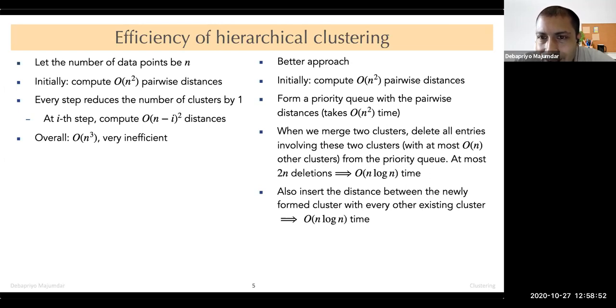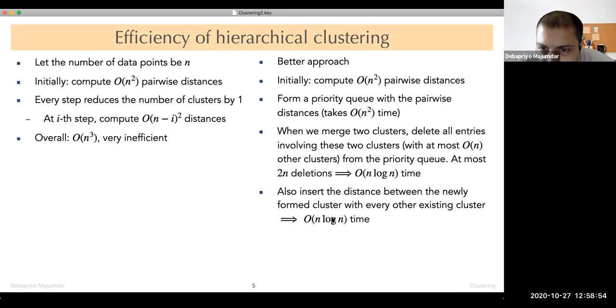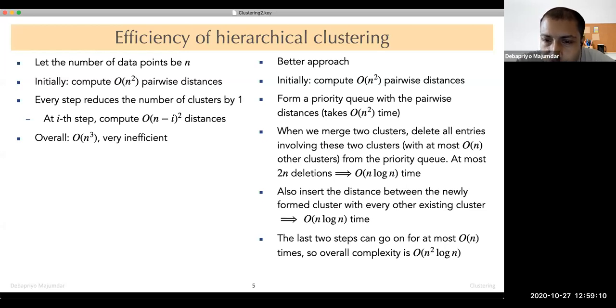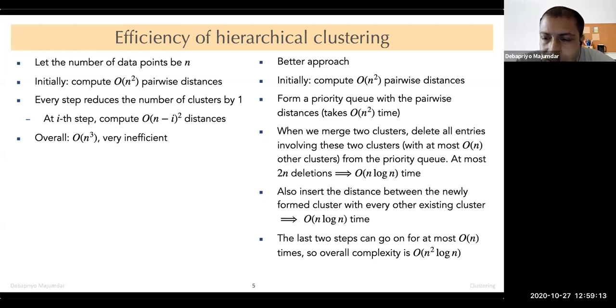So essentially this update portion is to delete invalid or obsolete distances and insert the new distances. Each step is order n log n, and we do this at most order n times. So overall complexity is order n square log n. That is the dominating complexity.